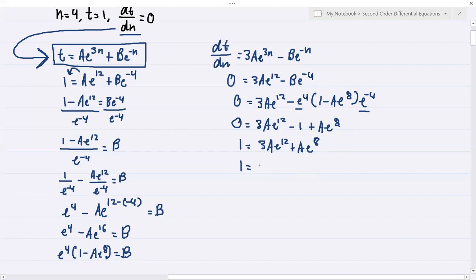So we will have 1 is equal to a e raised to 8 times quantity 3e raised to 4 plus 1. That's it. And we will basically divide both sides by a e raised to 8 times quantity 3e raised to 4 plus 1 on both sides.